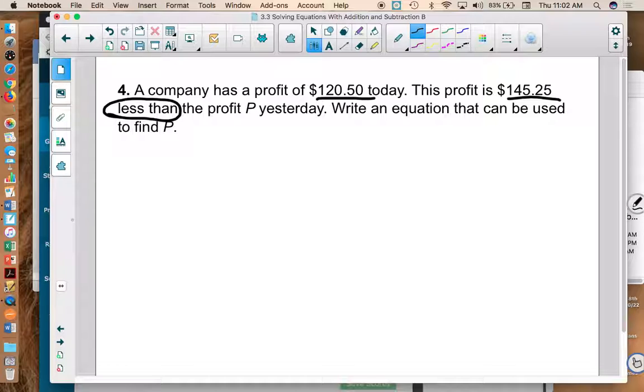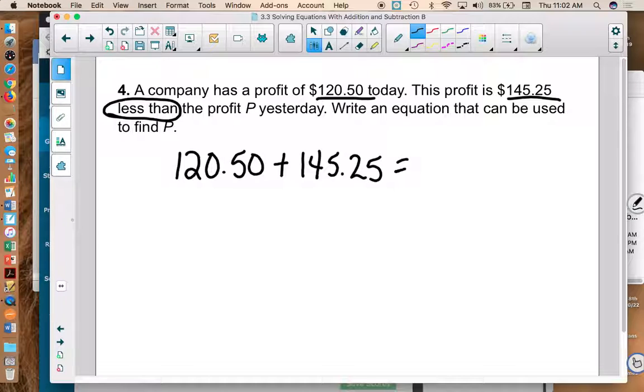120 and 50 cents. Plus $145.25. And you say that equals P? Or no? Yeah. That's what I do.